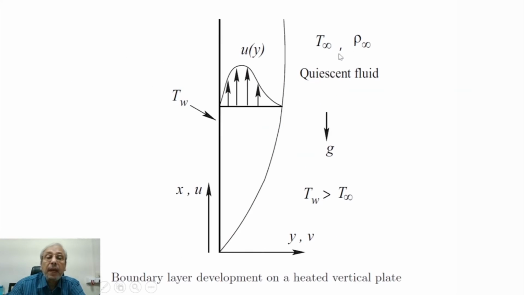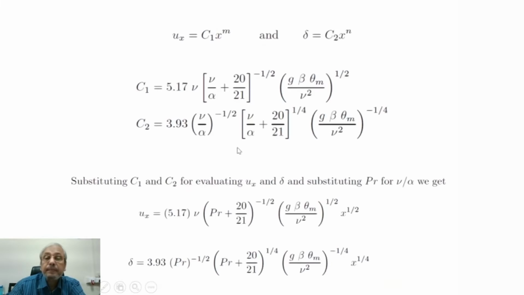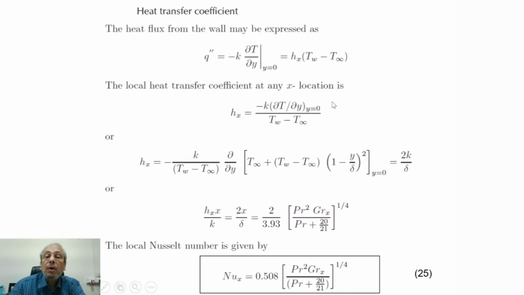So let us go back to geometry again. At any x location we can define Hx, and Hx is indicative of heat transfer from the wall to fluid. So Hx into Tw minus T infinity.